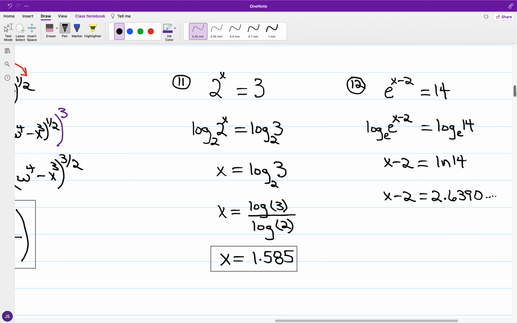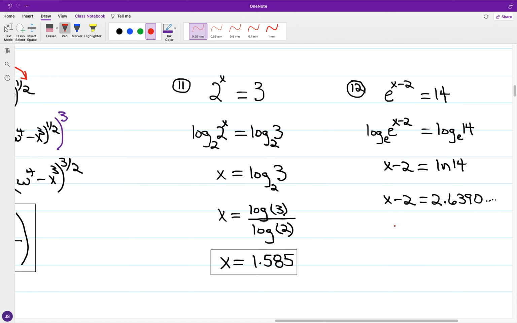And looking at isolating x, if I add 2 to both sides, now x is going to be, to the nearest 3 decimal places, right at 4.639.